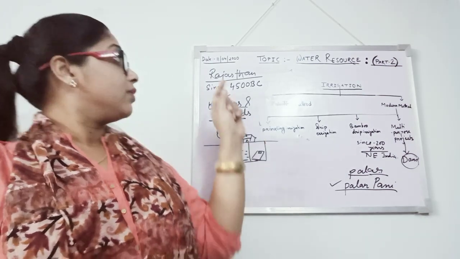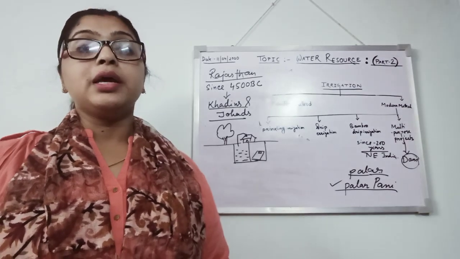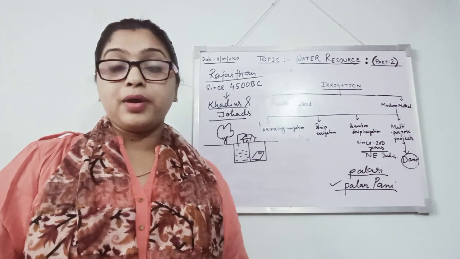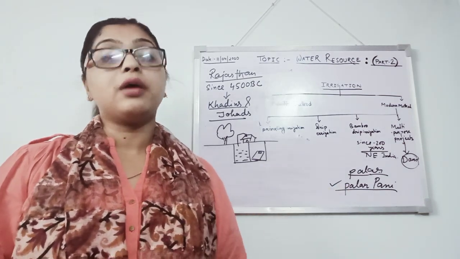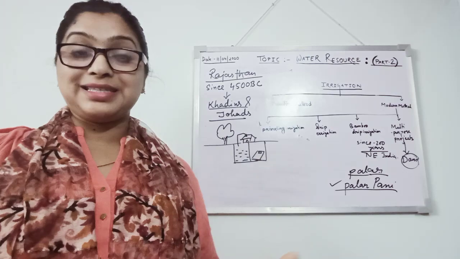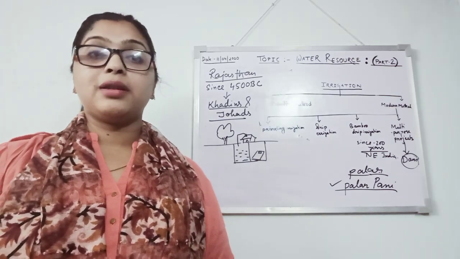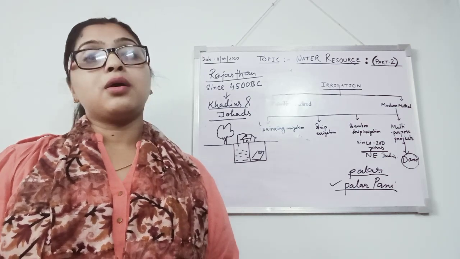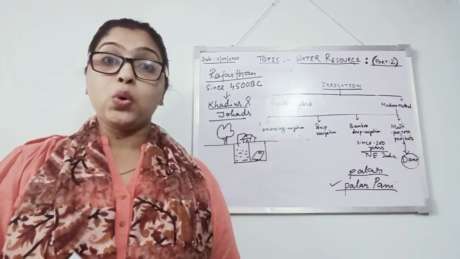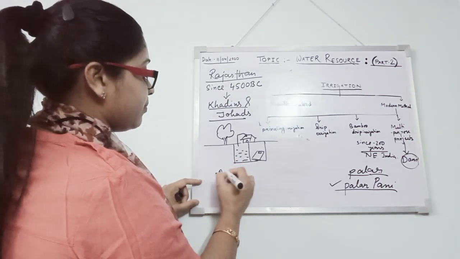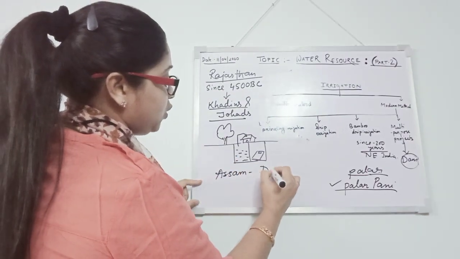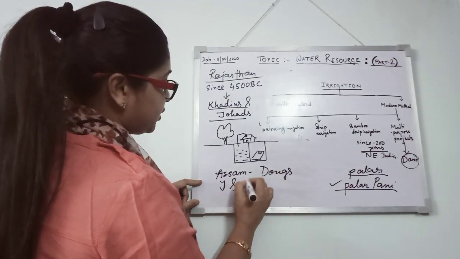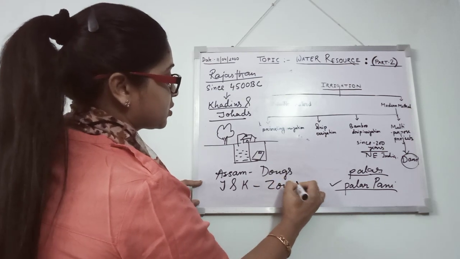Except for these, in West Bengal it is known as Khal, Bil, Pukur. It means these are reserves, and they used to save the rainwater for the dry season. In other areas, in Assam, it is known as dongs. In Jammu and Kashmir, it is known as jongs, zongs.